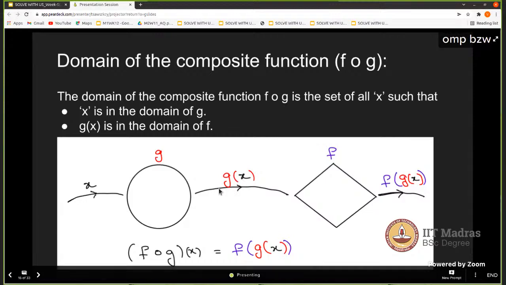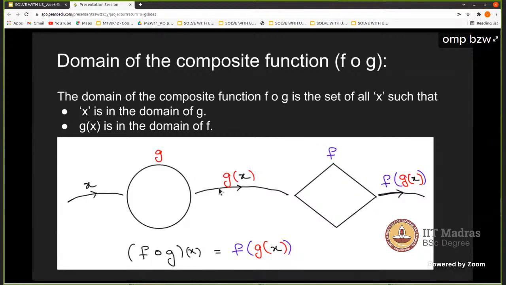Yes, that is why we follow the stepwise procedure. Firstly, take all the x which are in the domain of g, then compute the range of g of x, and compute the domain of f. Just look at the range of g of x and the domain of f.